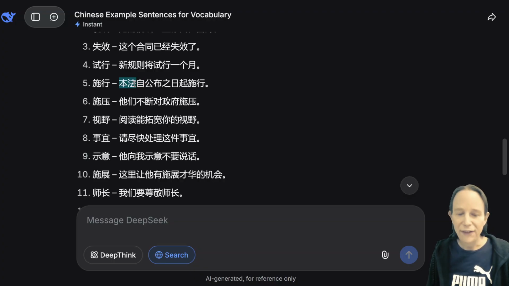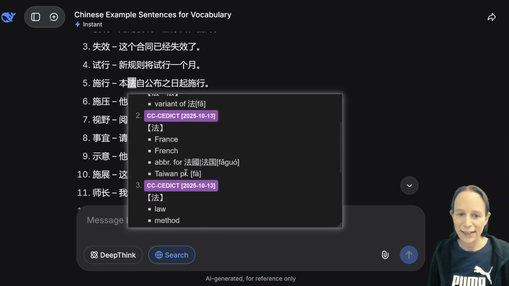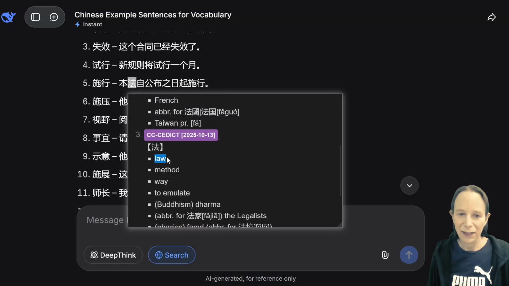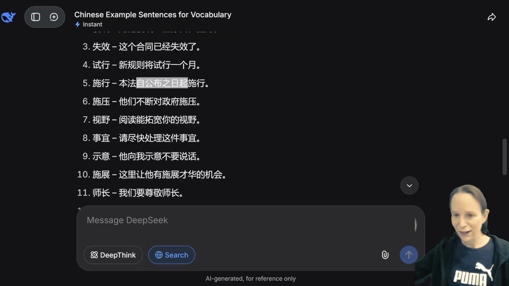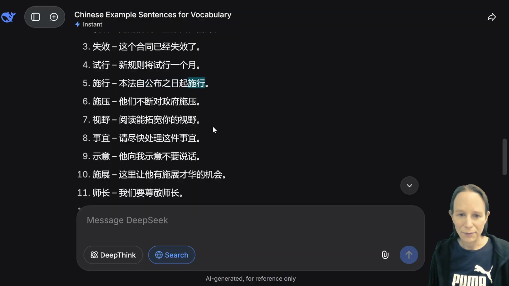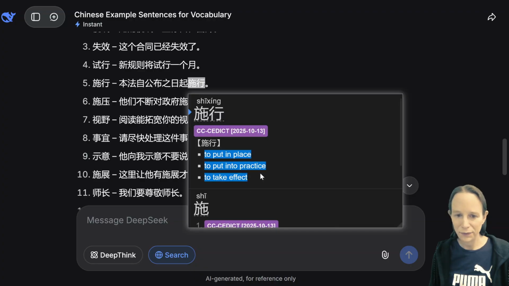So 本法 is this law, used as a noun by itself, right? It'd be a law. So it's a new law, 自 from 公布之日, from the day it's announced. 起, from then on. 施行, take effect or be implemented or put into place.